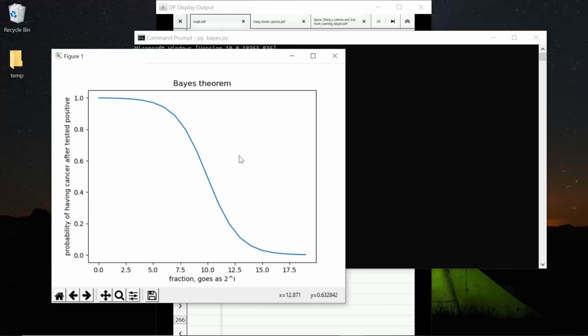So this demo clearly shows the importance of Bayes rule. When 1 out of 32 people had cancer, then this test was really, really accurate. But you see that sharply as the fraction of people having cancer goes down, the test's accuracy also goes down. And this is the lesson you should learn from Bayes theorem. Thank you.